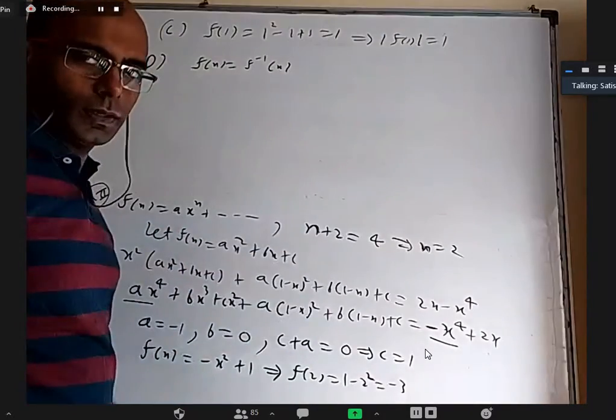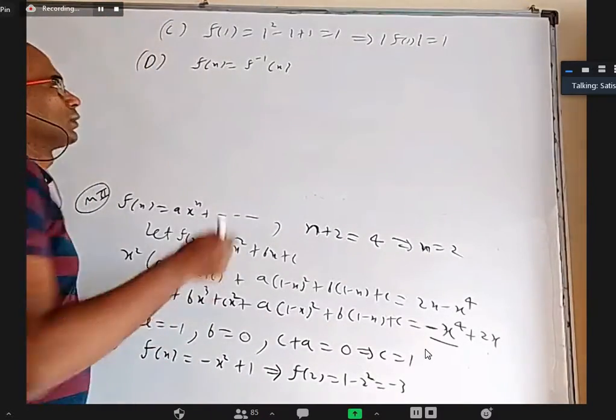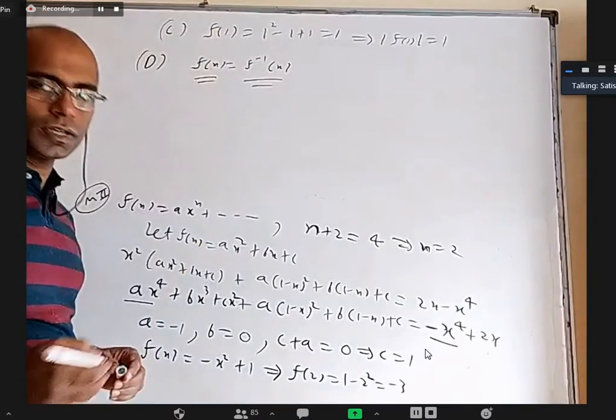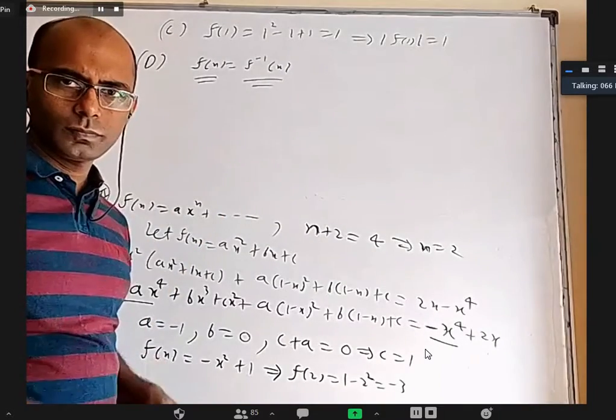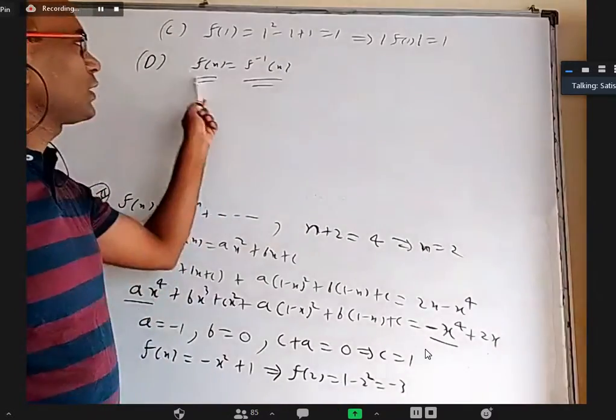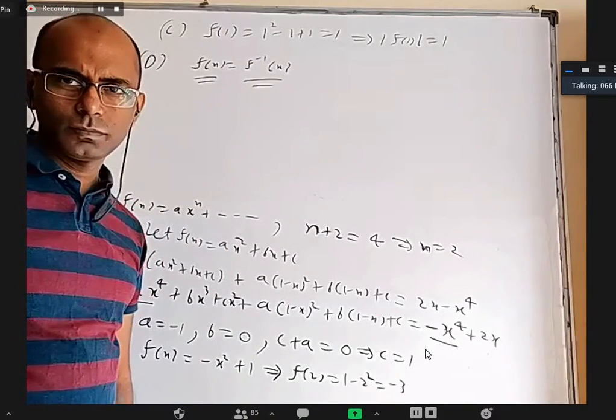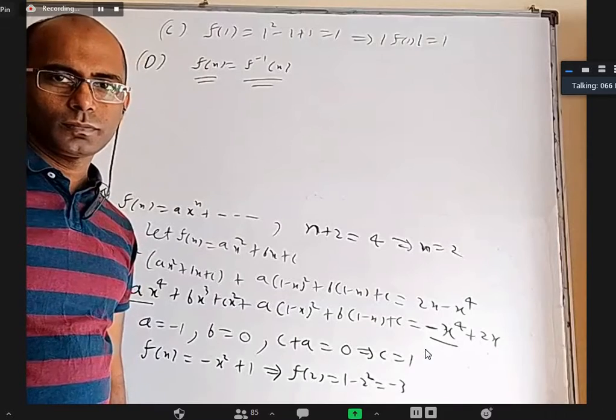Why? If you look at the graph, if somebody gives you the f of x graph, how will you find the f inverse graph? Reflect it on y equal to x. So if at all they intersect, these two graphs meet, where will they meet?